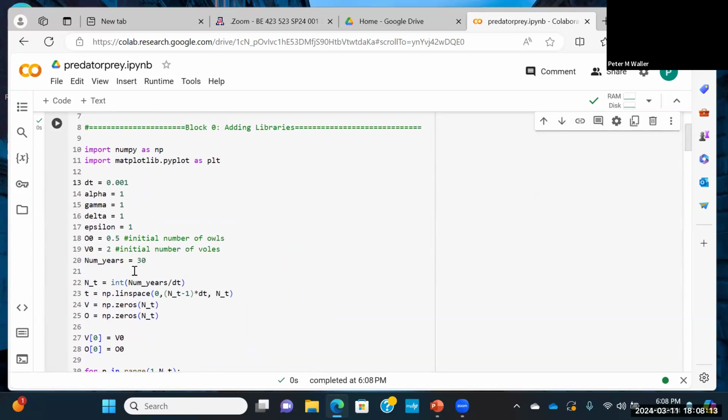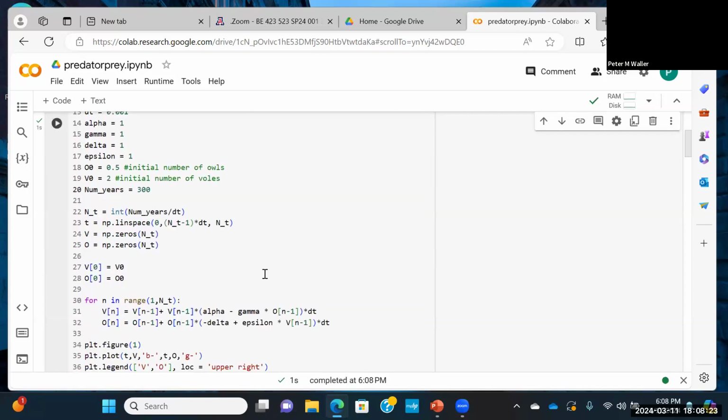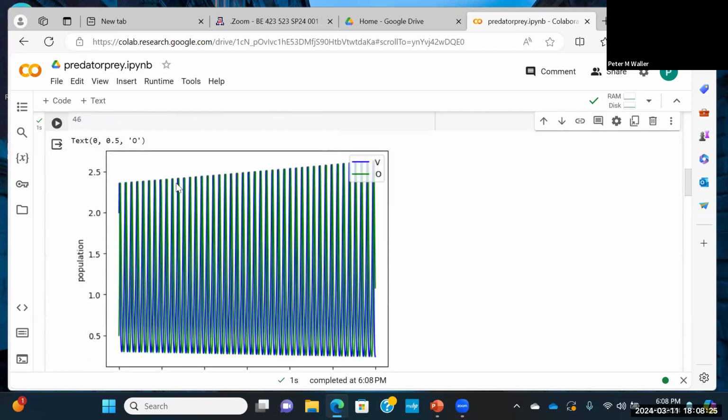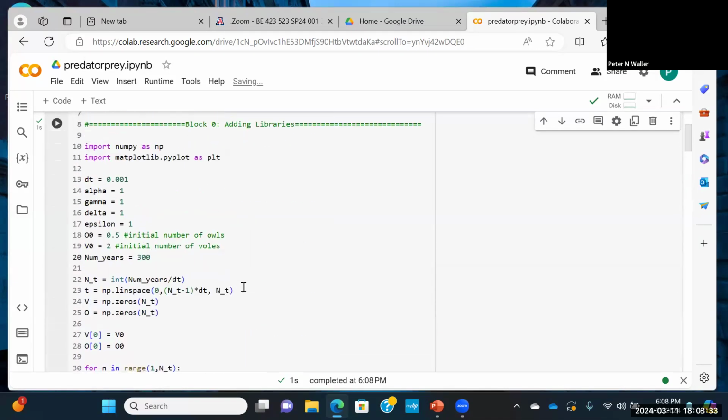However, if we go to 300 years, you can see that numerically my fluctuations are increasing, and that's just because it's a numerical error again.